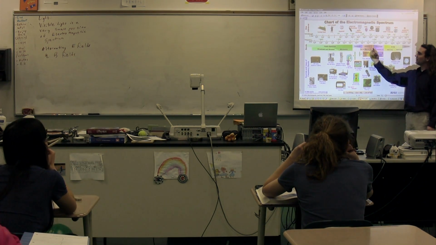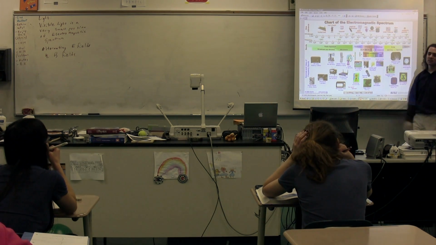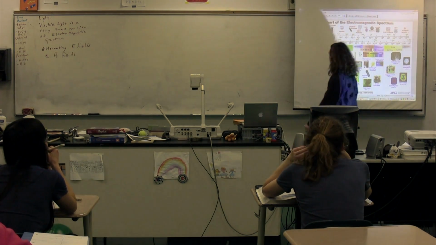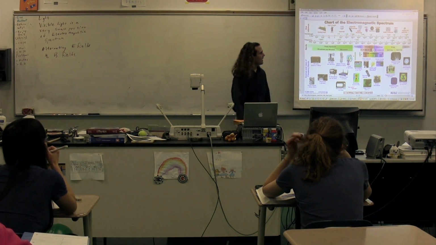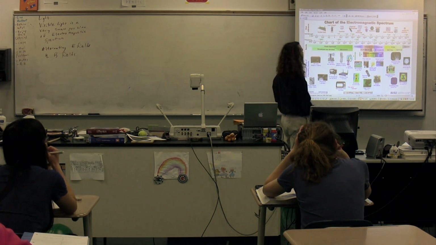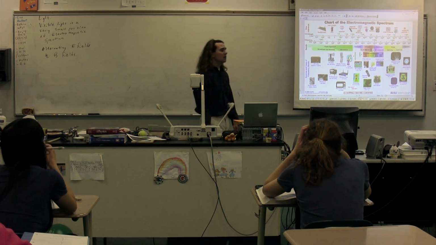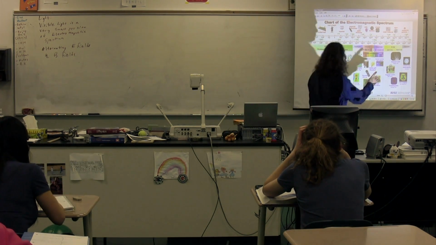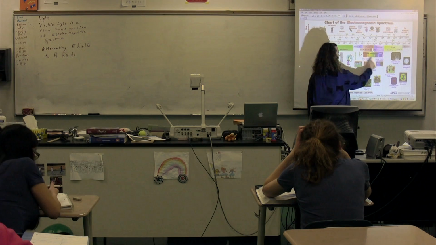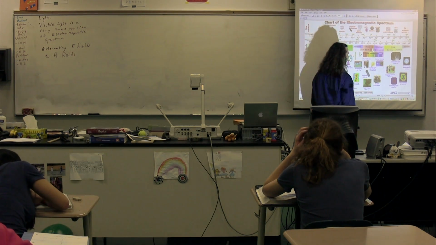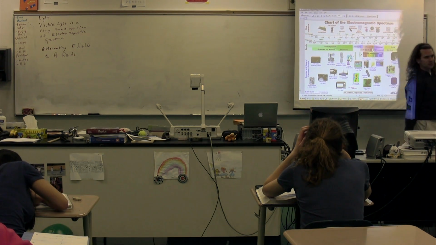That portion right there, about the width of my finger, is the visible portion of the electromagnetic spectrum. You can see we have the frequency and the wavelength of all of these various types of electromagnetic waves. Now, visible wavelengths go from 700 to 400 nanometers.